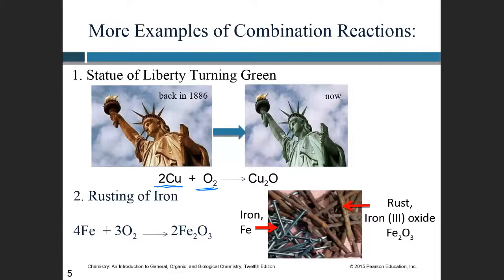So the evidence of the chemical reaction is the change in color. Also the rusting of iron. Iron reacts with oxygen. We can see that we have two reactants, and they give iron(III) oxide, which is a new single product. And again, the evidence of the reaction is the change in color.